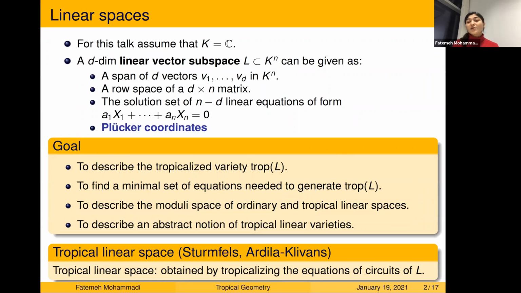Every linear space has a combinatorial counterpart, called a matroid, and the invariants of these matroids are enough to generalize tropical linear spaces. I'm going to define all these notions, but this is just an overview of what we're going to see during this talk.